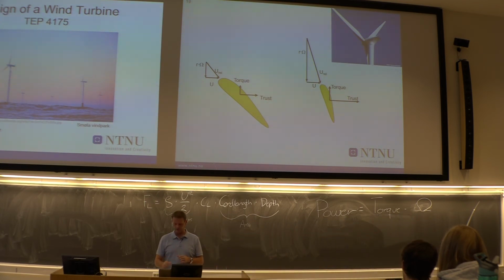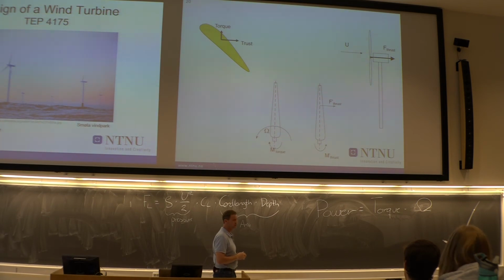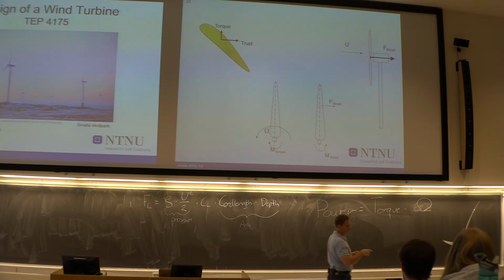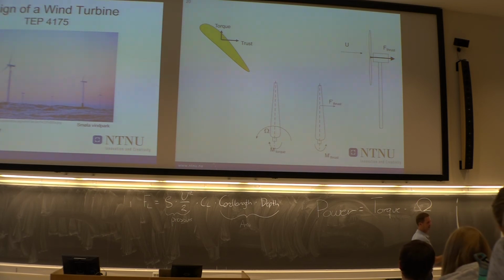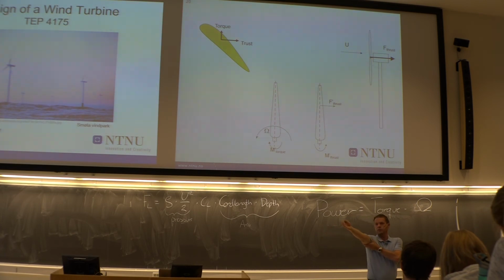All right, let's take a look at the forces we have. As I said, we have one force forcing the blade to move around, and we have one force, the thrust force, trying to push it backwards. We also have a force on each blade. If I'm the blade, and you twist the blade, there will be a force around the twist, along the length of the blade.